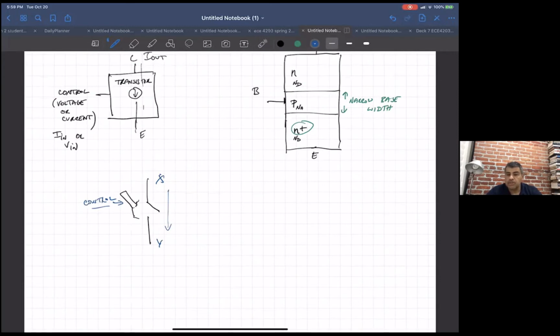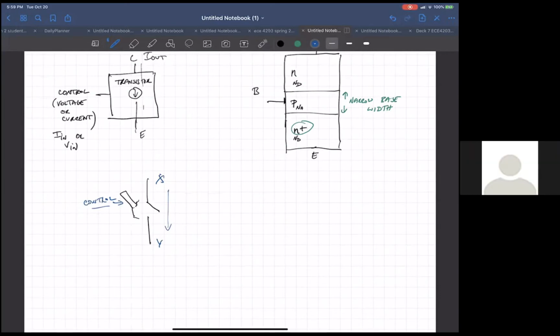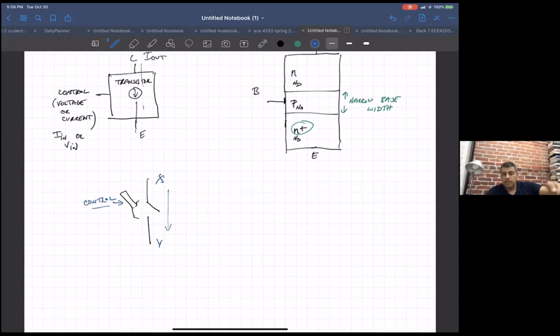You have one terminal, which is what your finger pushes up or down as a switch on the wall, and then the other two terminals are the outputs of the switch, connecting your light bulb to the power or not. Ideally you'd want to make that easy to switch. If it was such a painful thing to move up or down, it wouldn't make a very good switch.